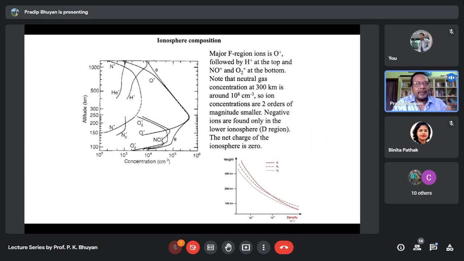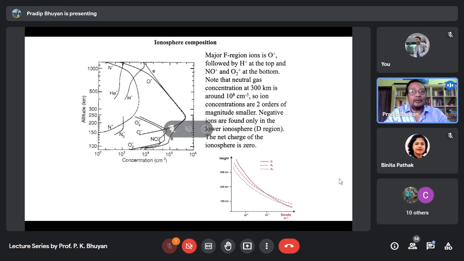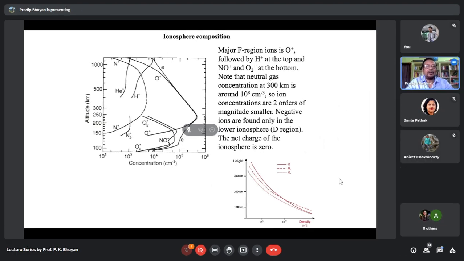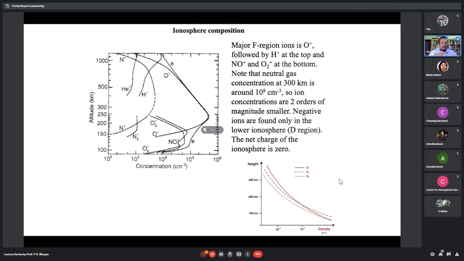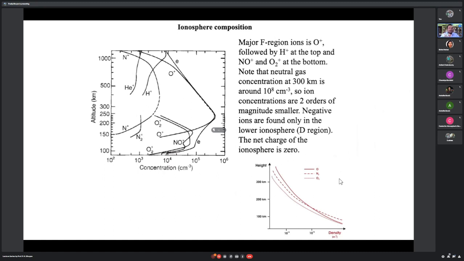I don't know whether somebody has got it. During the SROSS satellites, a series of satellites which were flown over India or over the world, you can say, in polar orbits, ion density was measured with a retarding potential analyzer.